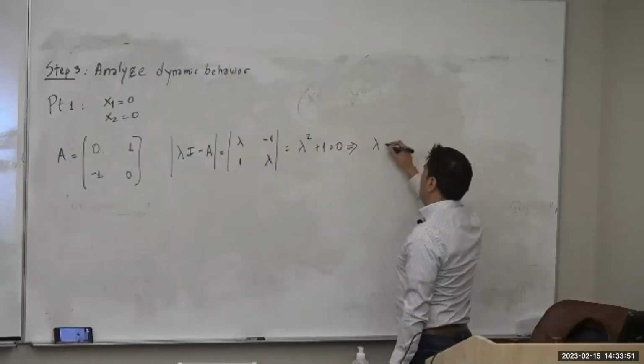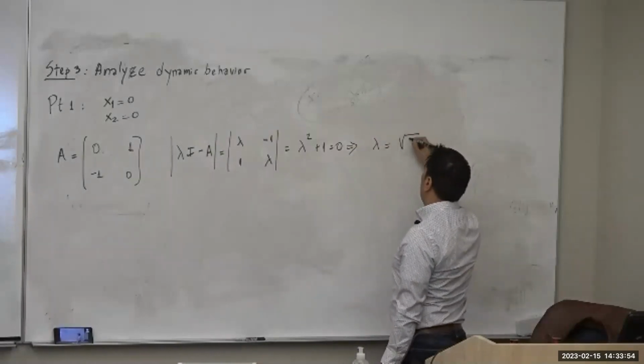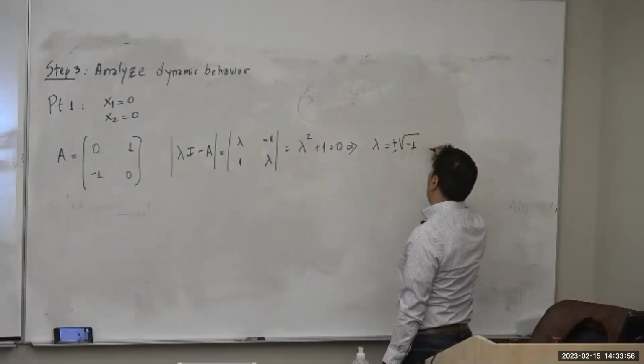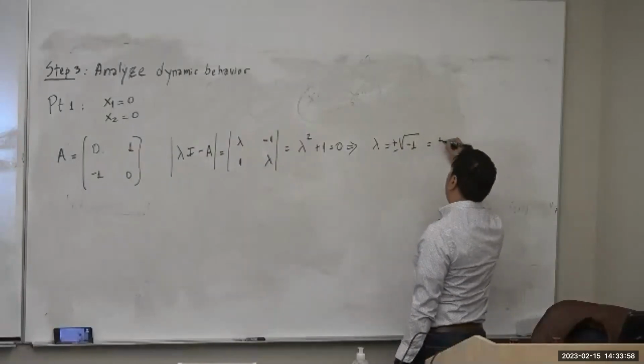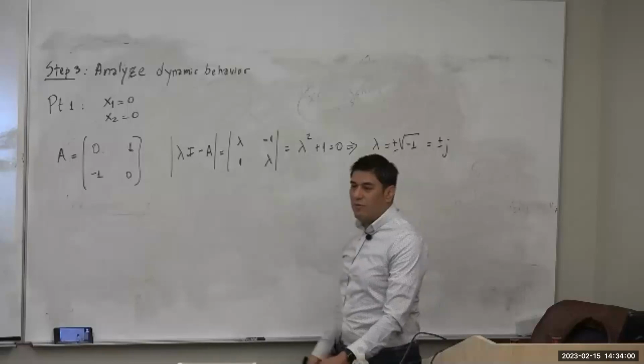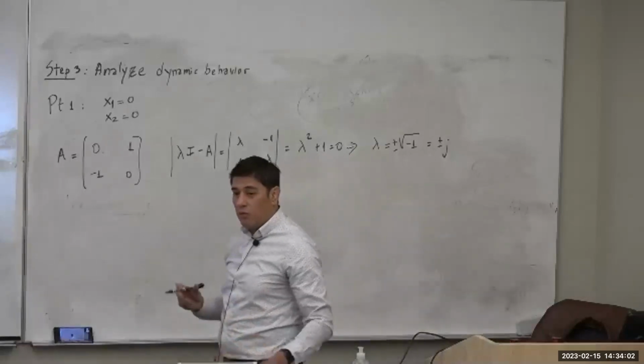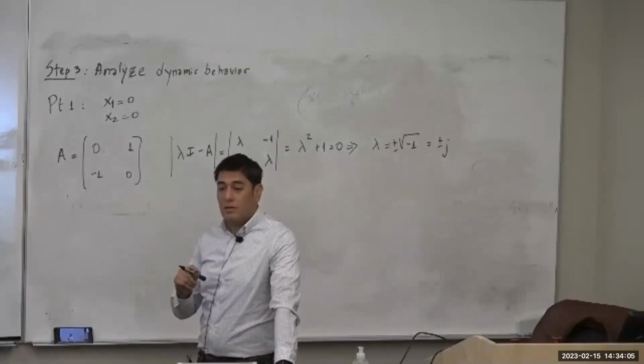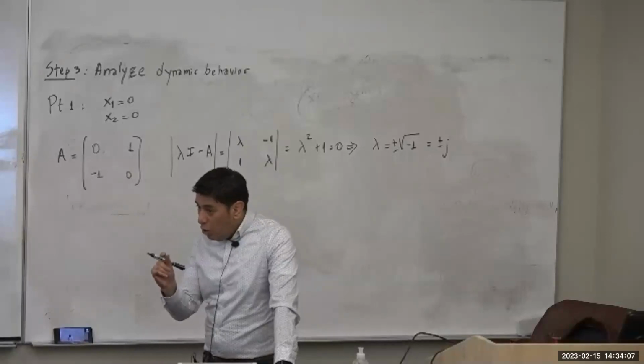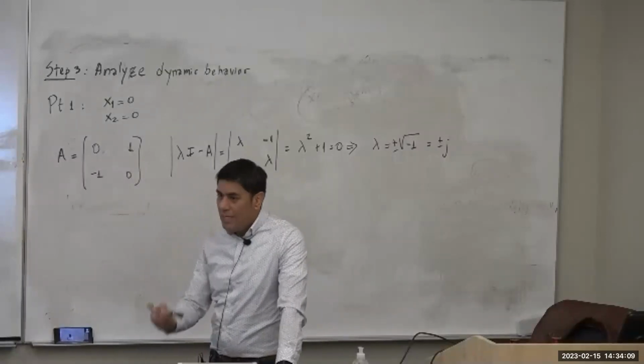So lambda is plus or minus the square root of -1, that is plus or minus j. What kind of behavior do we have then for that equilibrium point? It's going to be a center. If we get very close to that point, it will behave like a center.